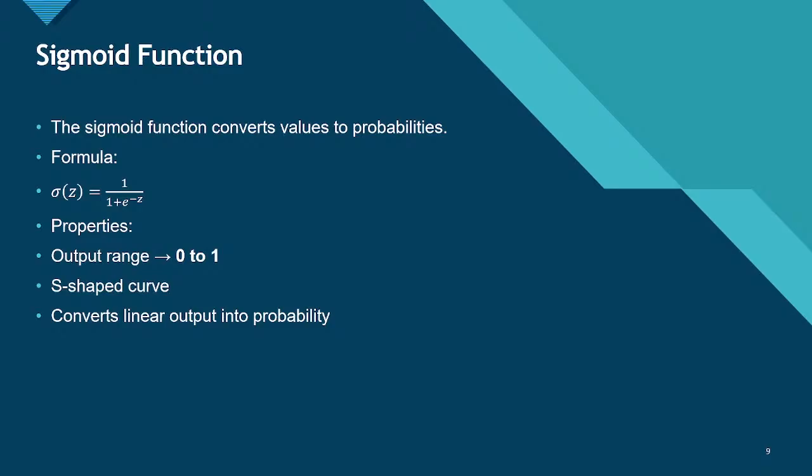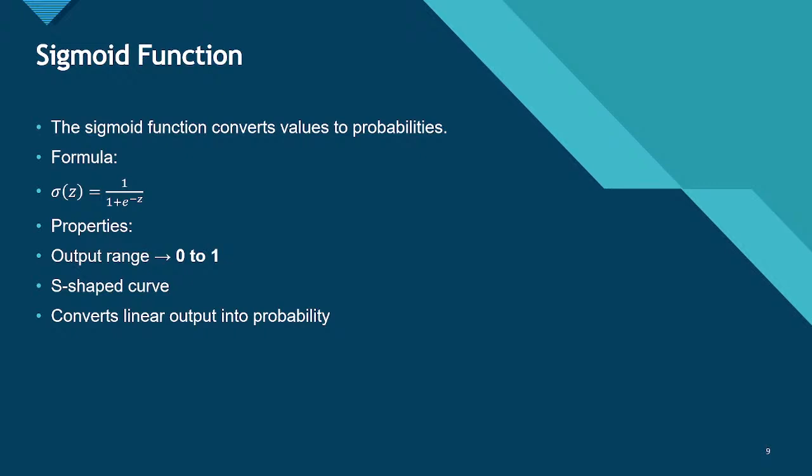Next is the S-shaped curve. If we plot the sigmoid function on a graph, it forms an S-shaped curve. This curve gradually moves from 0 to 1 as the input value increases, so very negative values give output close to 0 and very positive values give output close to 1.